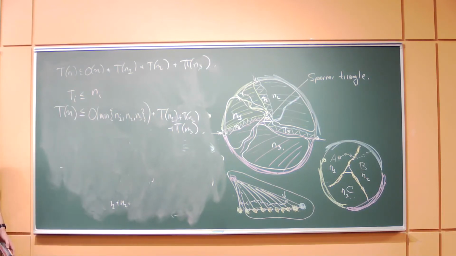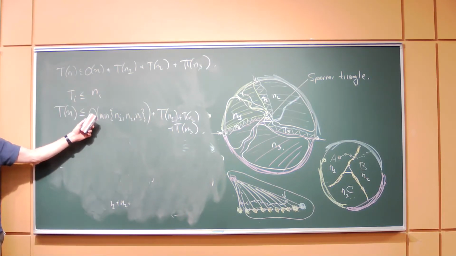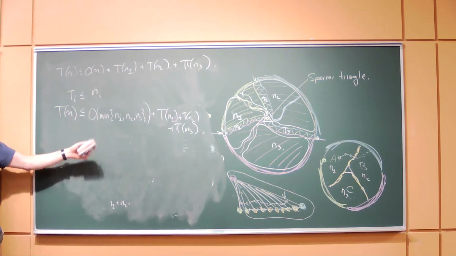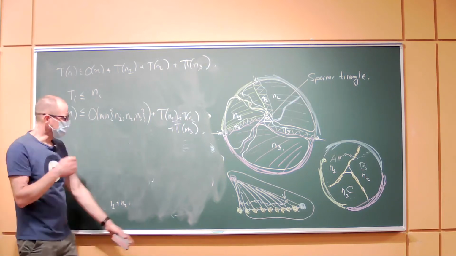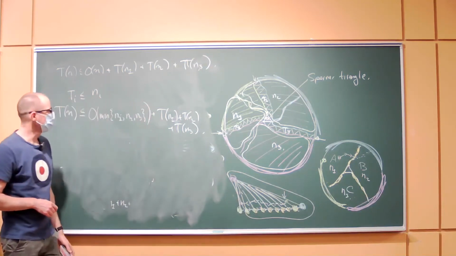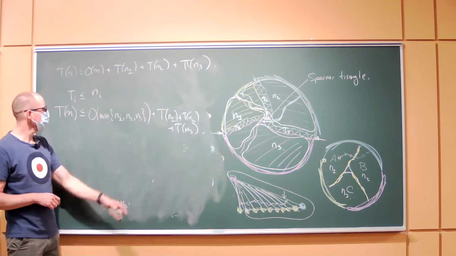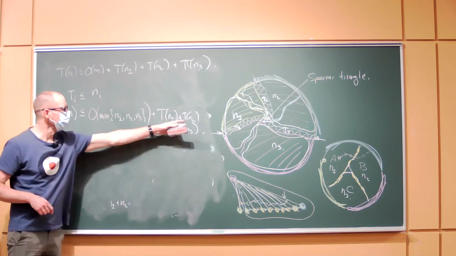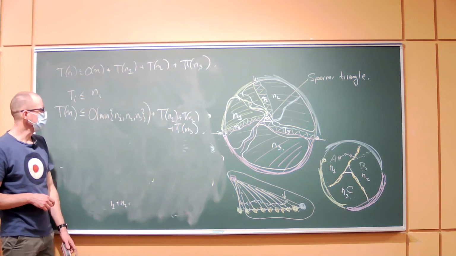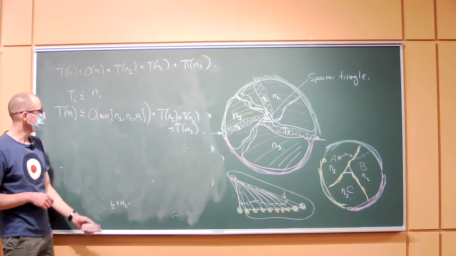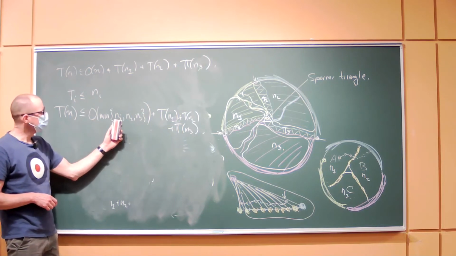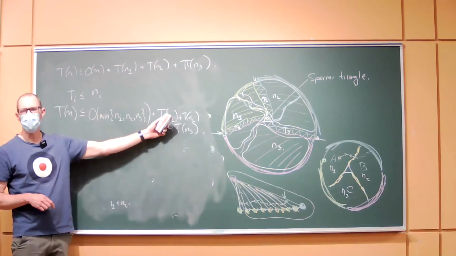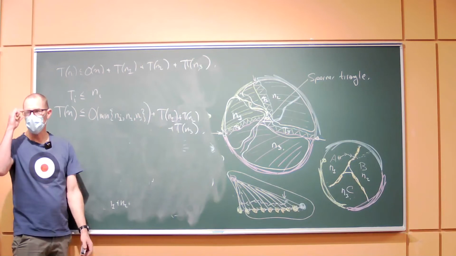So this can never be n squared, no matter what values of N1, N2, and N3 you give me. In fact, the really bad values that you have here, if it's always the case that N1 is just n minus 1 and these two are always 0, then this will be linear time, right? Because this is 0 or a constant, and then this goes down by 1 in each step.